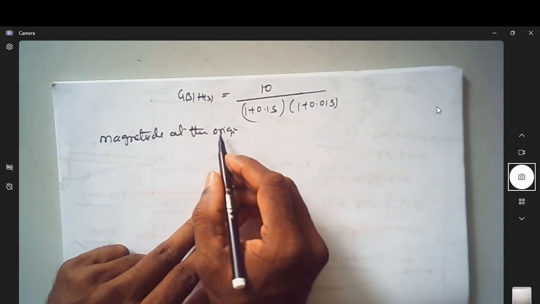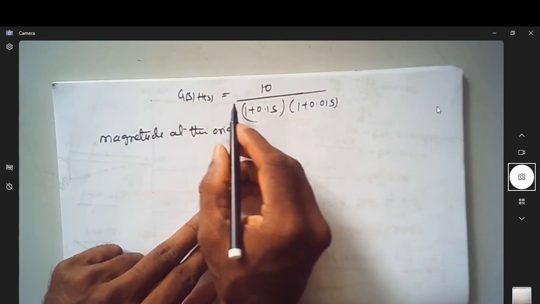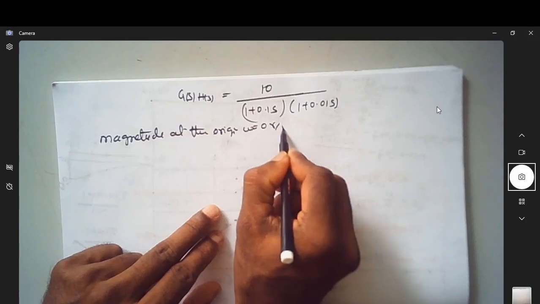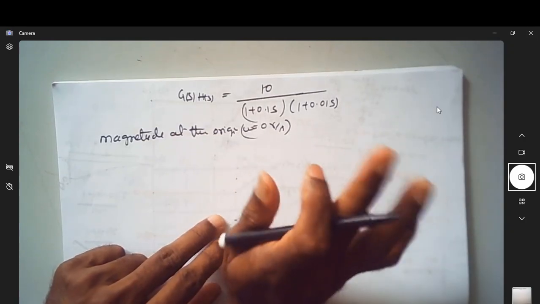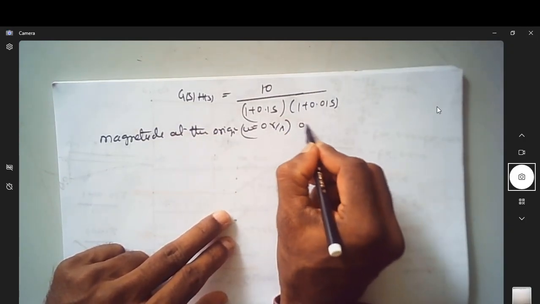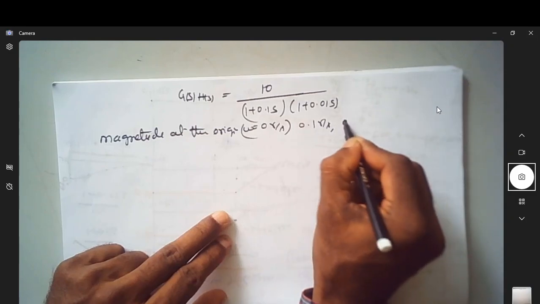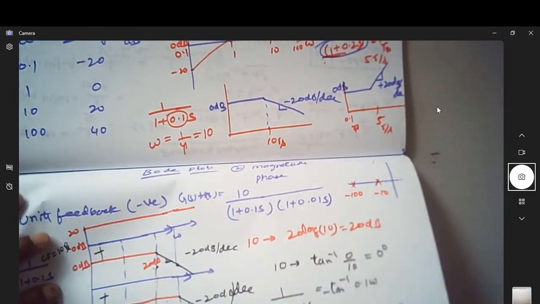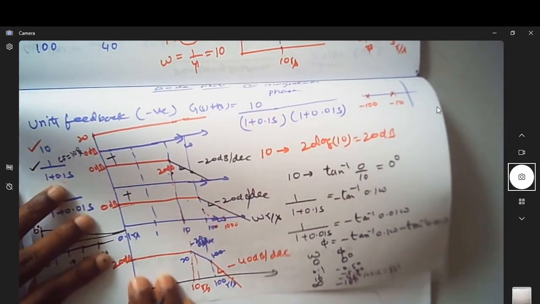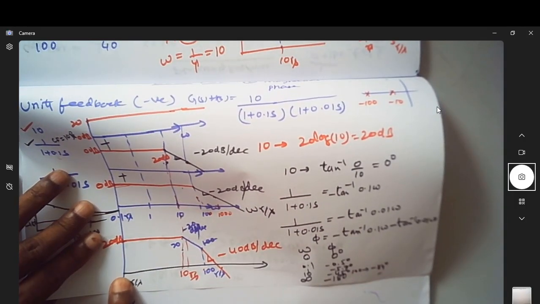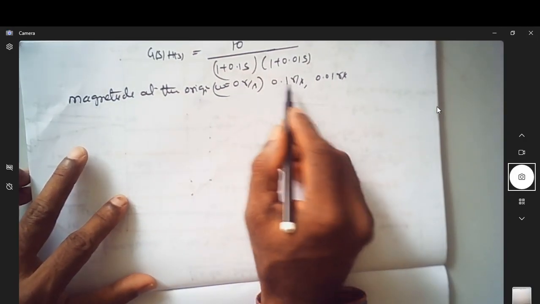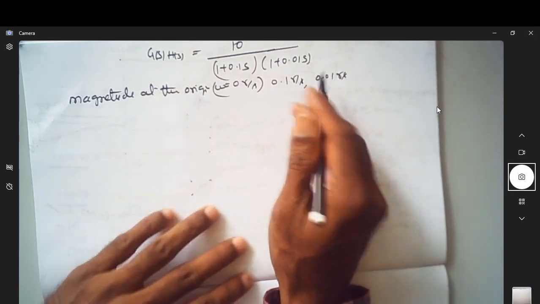When I say origin, it is omega equal to 0 radian per second, or a very small value of omega, maybe 0.1 radian per second or 0.01 radian per second, depending on the starting point of your plot. So this is my origin frequency, which is ideally 0, but typically we cannot start with 0. We'll start with 0.1 radian per second.